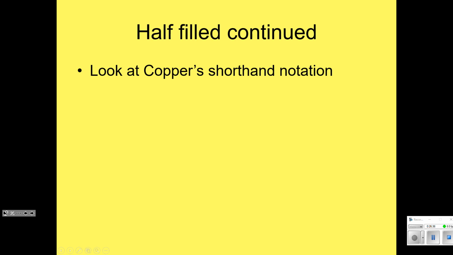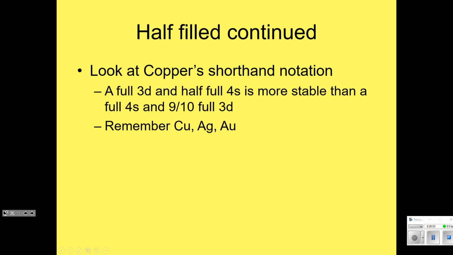However, it's not called 3d9, is it? It's called 3d10, right? One of those 4s electrons instead is a 3d electron. That fills the d and makes the s half full. So a full 3d and a half full 4s is more stable than what we would normally say.